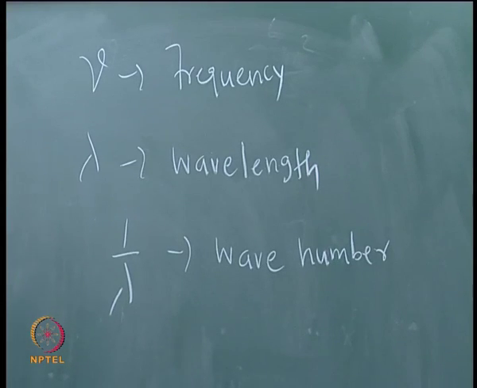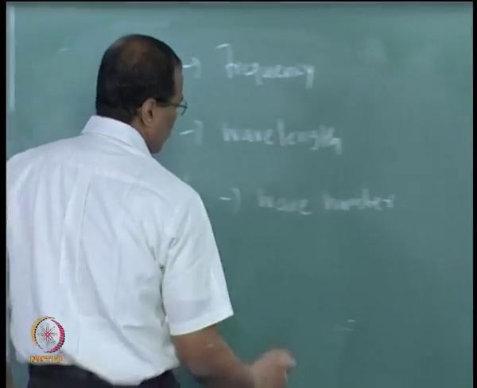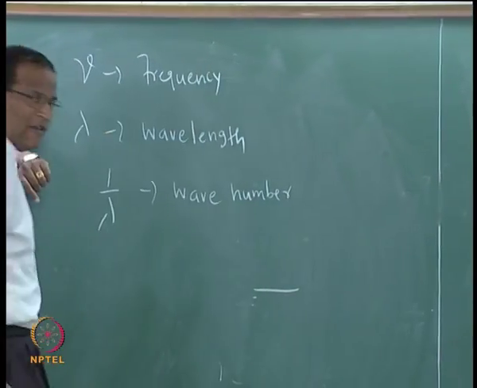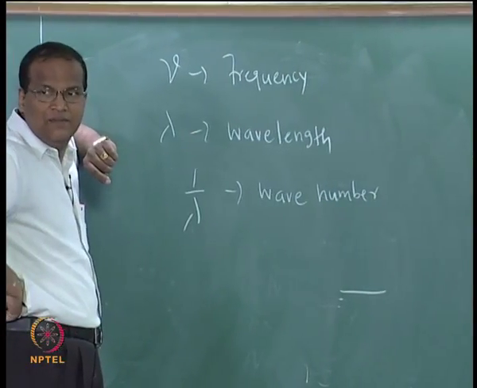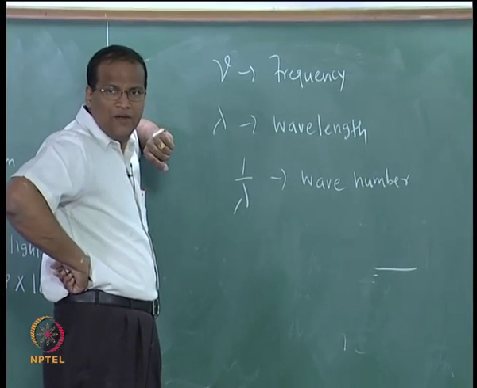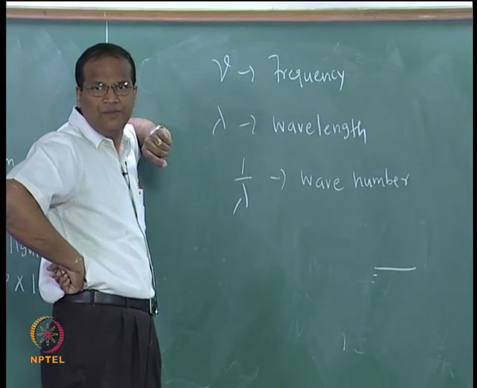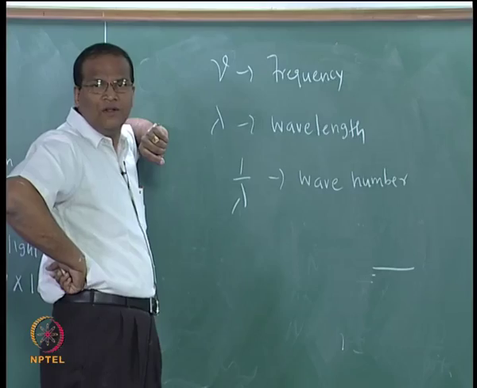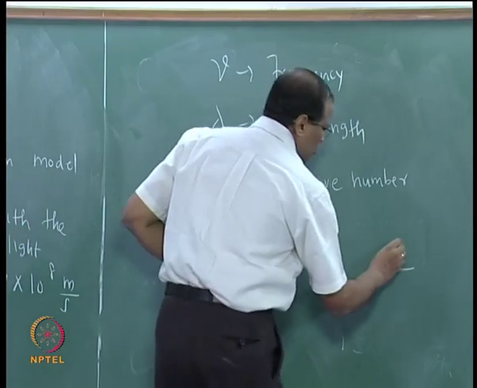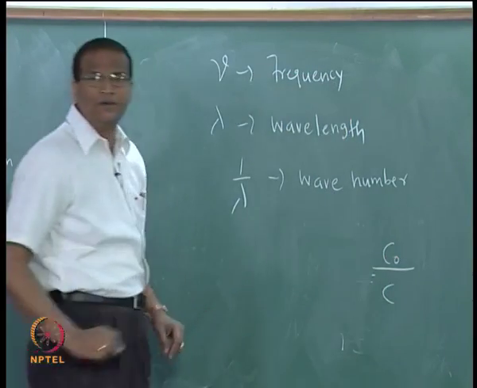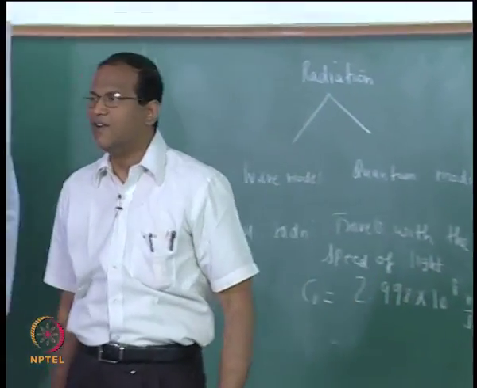If the velocity of light in a medium is c, okay, we know that c has to be less than or equal to c naught, okay. So c naught by c is equal to n, the refractive index of the medium.